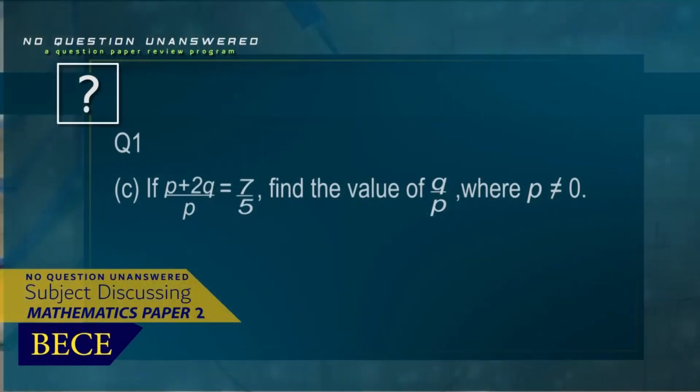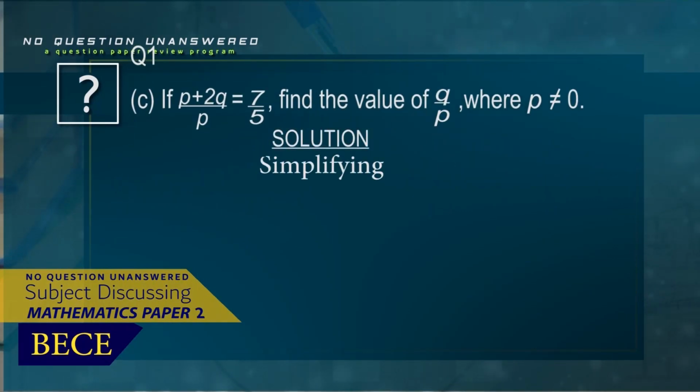5 is multiplying P plus 2Q. Remember, it is not 5 times P or 5 times 2Q. The P plus 2Q is one numerator. And therefore, whichever number is multiplying it should be grouped in one unit before the number can multiply it.